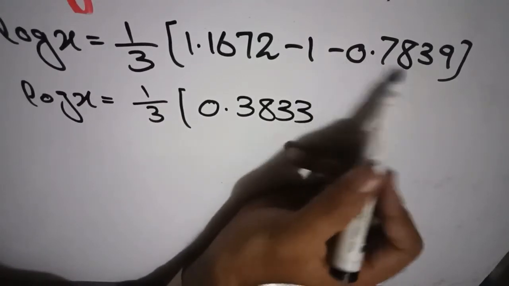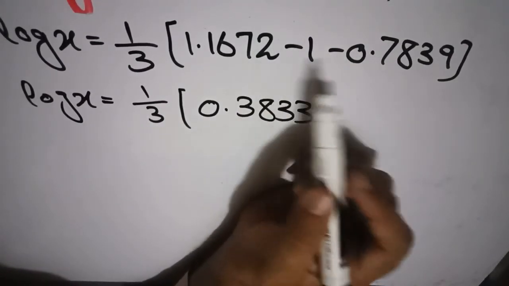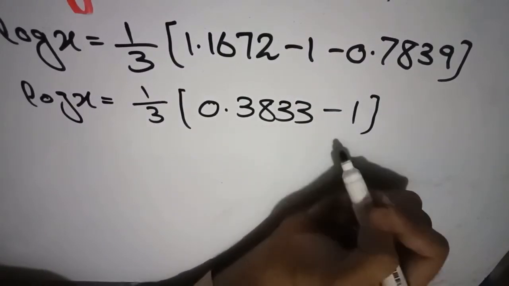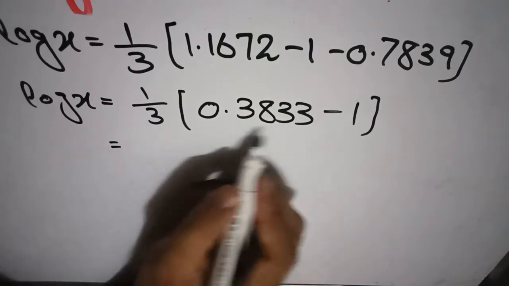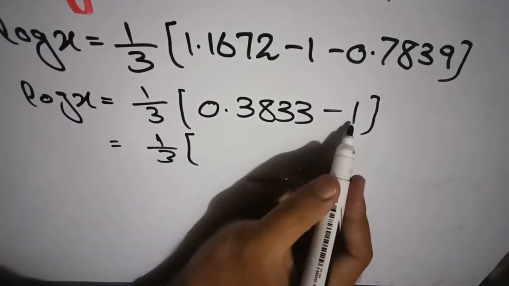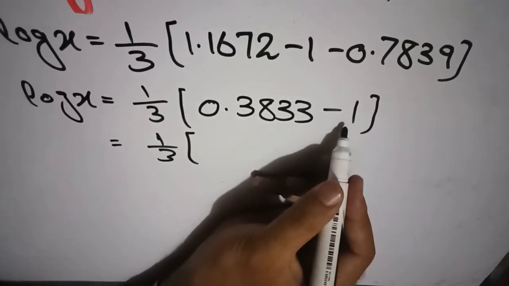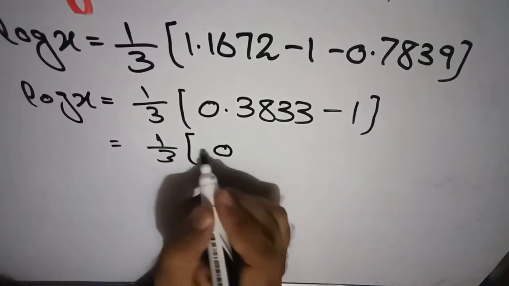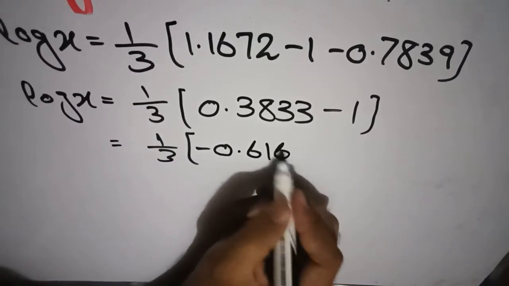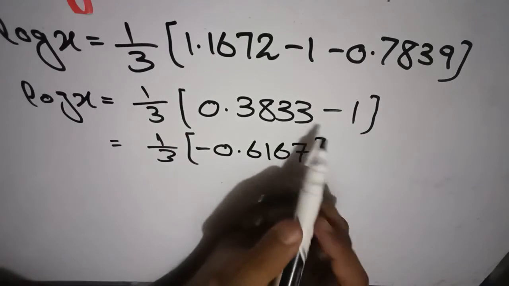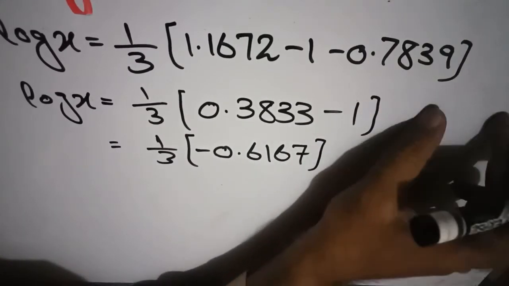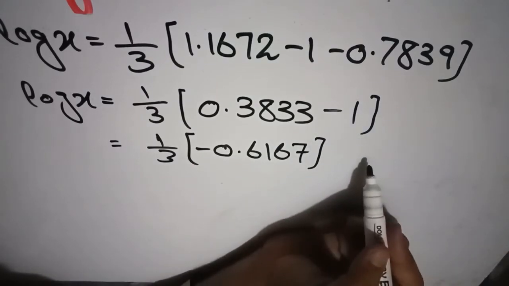Okay, this -1 stays, and when you subtract this value from the -1, you will get minus 0.6167. Okay, you can just subtract it on the calculator.